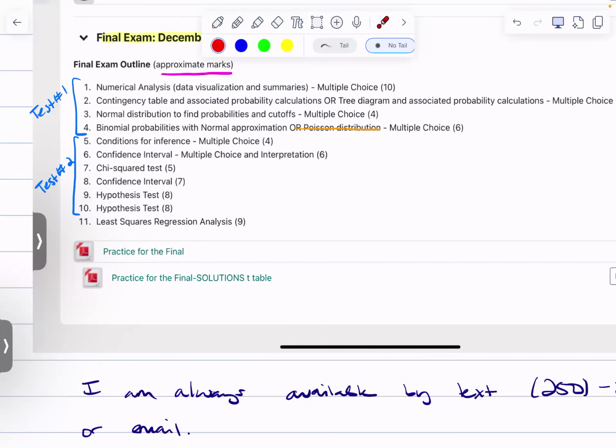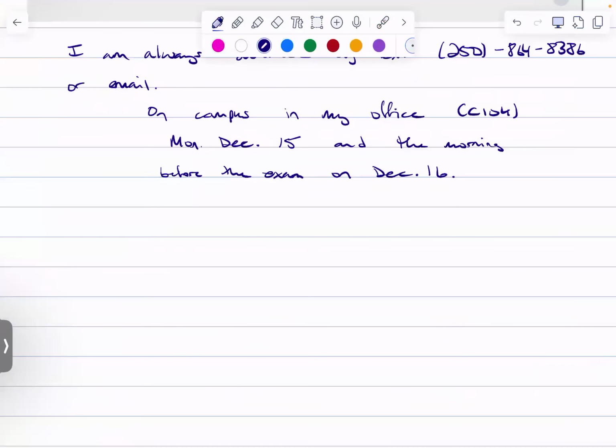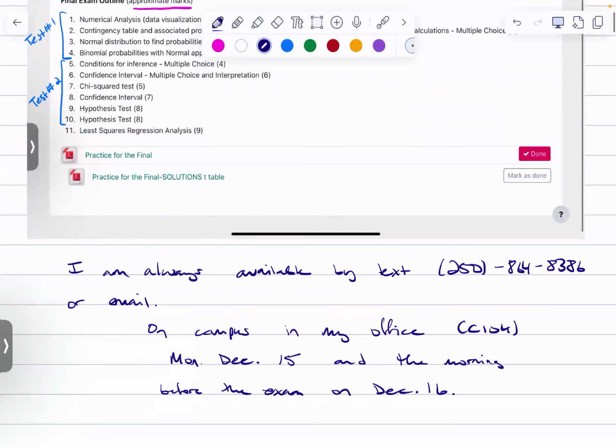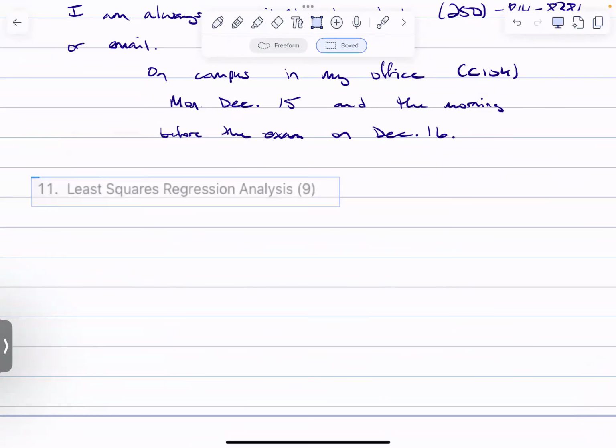All right. Finally, a least squares regression analysis for 9 marks. So that's this last chapter that we've been working on. And so things that you can expect, maybe I'll do some options here.